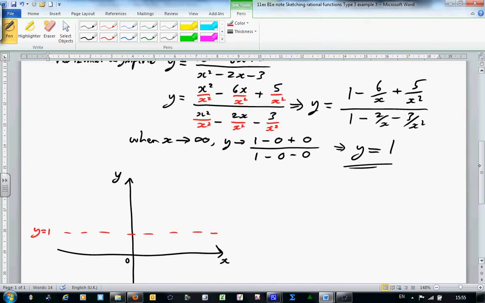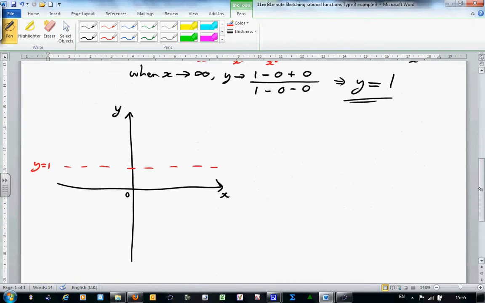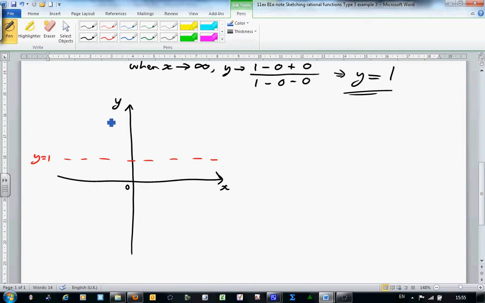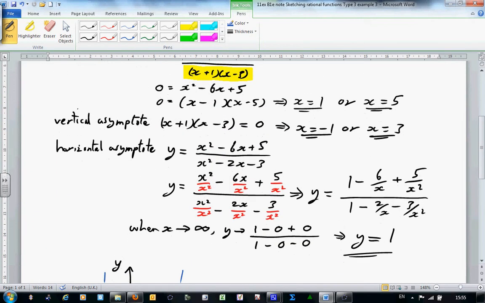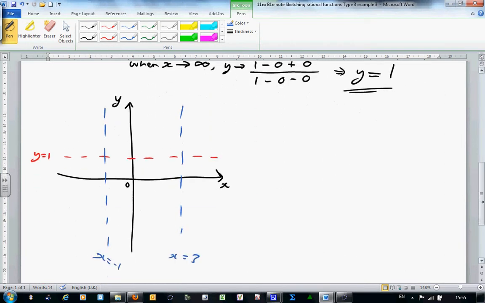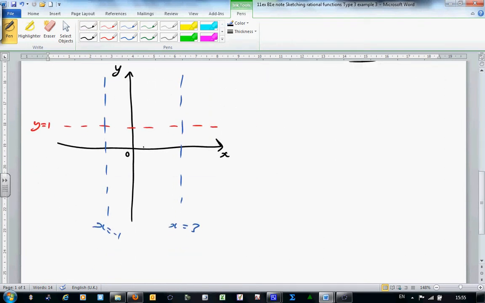Negative 1, and 1, 2, 3, somewhere down there would give us the 2 vertical asymptotes. And we've got 2 x-intercepts at 1 and 5, so x is 1, x is 5, and a y-intercept at negative 5/3.